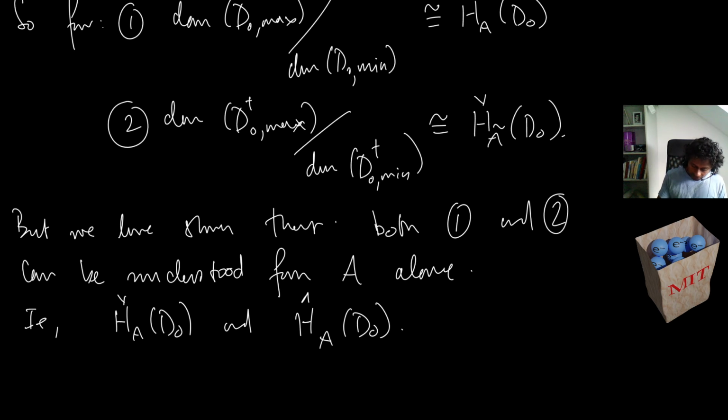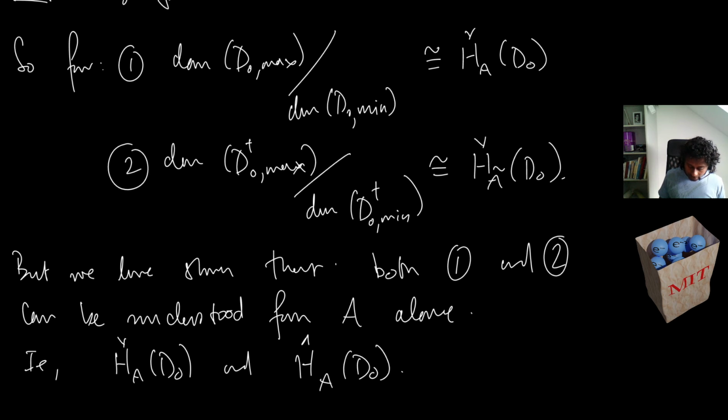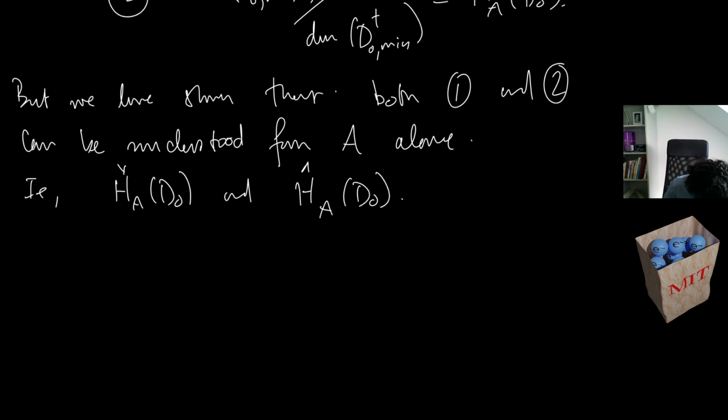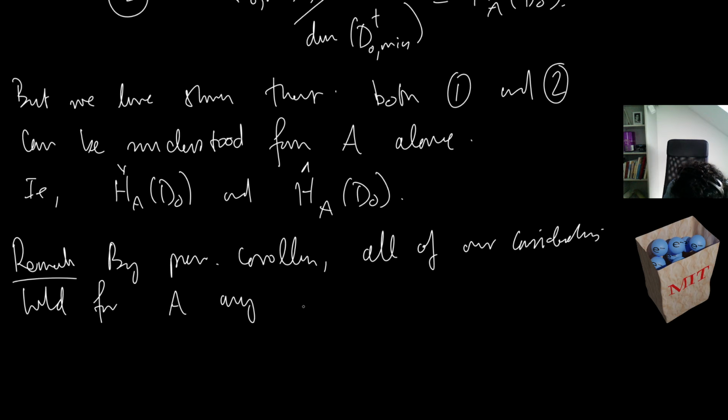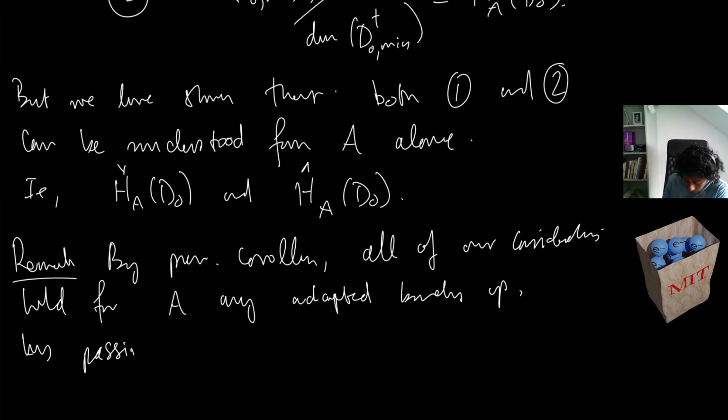So also all of the stuff that we've talked about now can also be talked about for a general adapted boundary operator by passing to, so I should maybe say that, remark: by previous corollary, all of our considerations hold for any adapted boundary operator by passing to A_R, where R is a spectral cut.